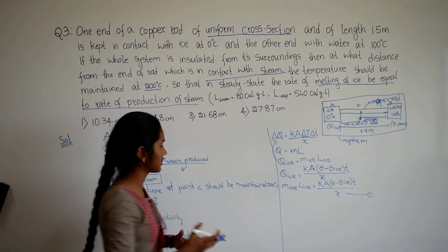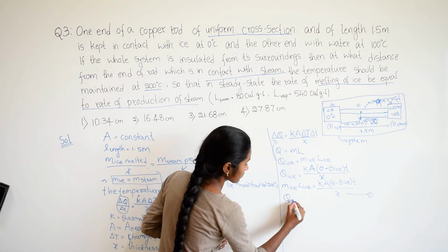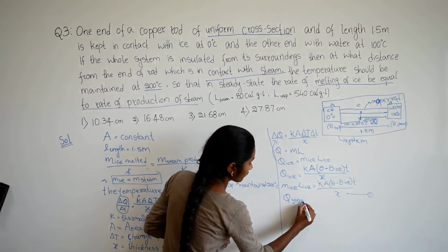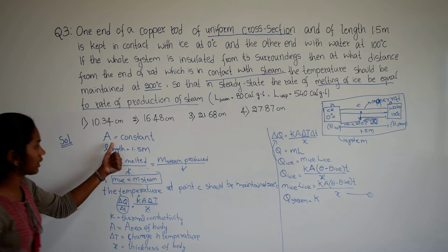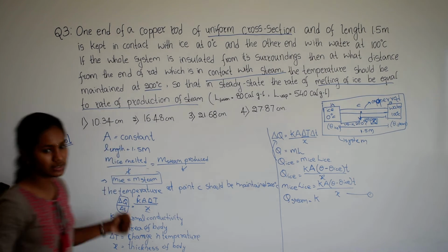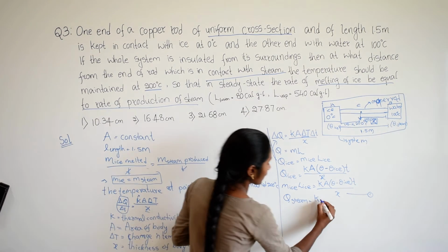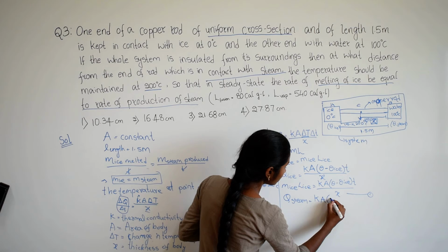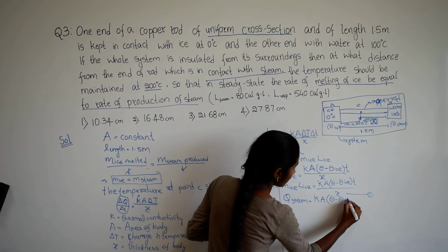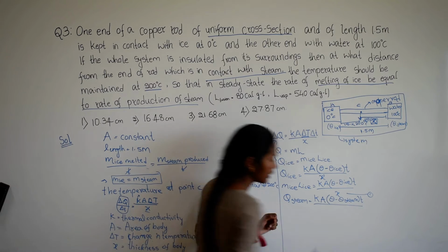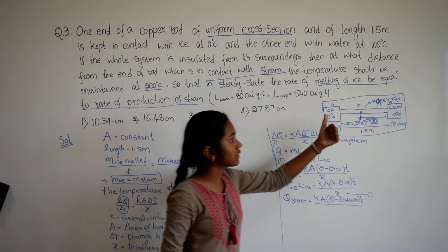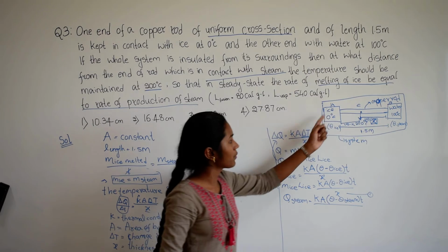So we have taken it for ice. Now let us consider steam. Q of steam. Similarly, K and A will be constant, because A is constant throughout the rod. K A theta minus theta steam into t by the distance, which will change because the heat is now transferred from ice to steam.